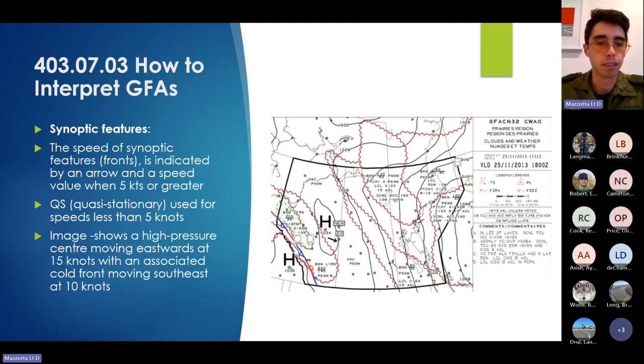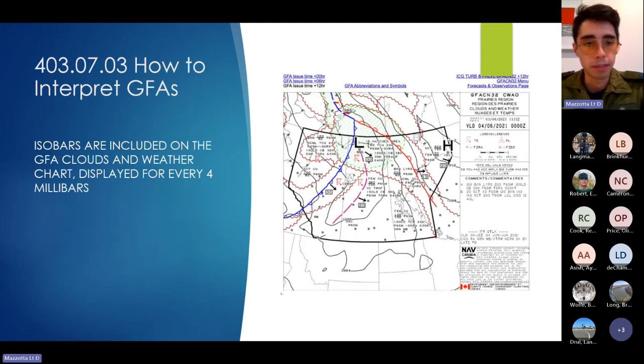And same thing with the pressure systems and precipitation. Okay, isobars on the GFAs are included, and they're displayed for every 4 millibars as they increase or decrease. As you can see on the GFA here, they're the black squiggly lines throughout the GFA.